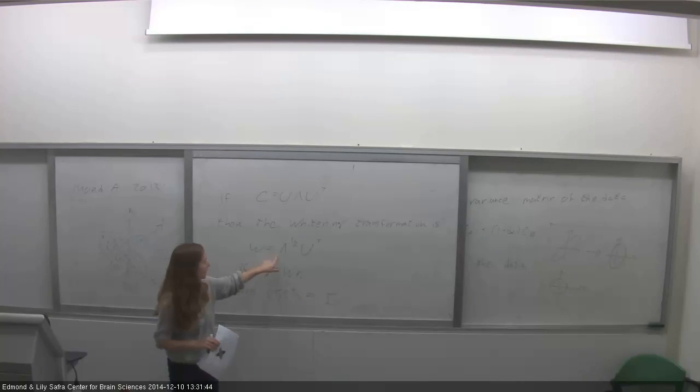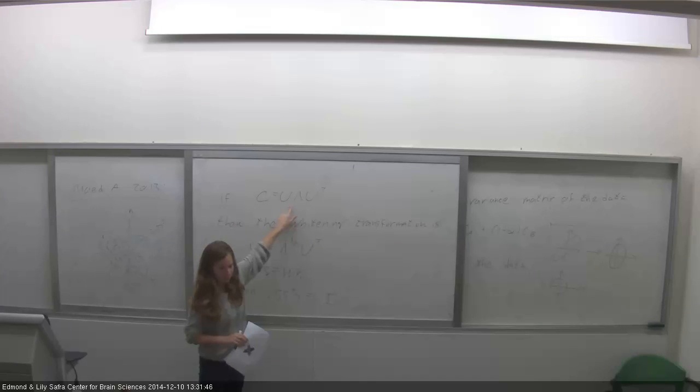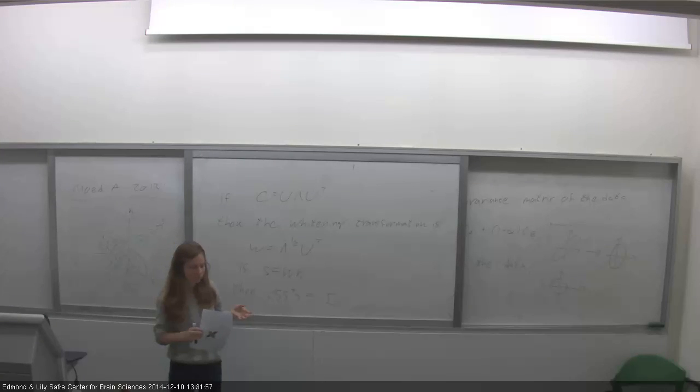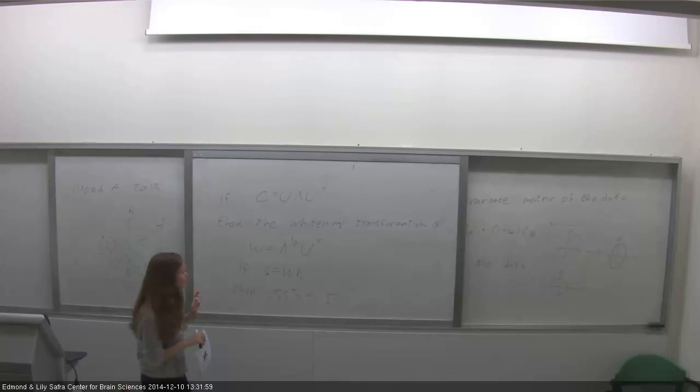Lambda is the eigenvalue matrix and U is the eigenvector matrix of the covariance matrix. I think you should show it in the exercise, but it's quite easy.